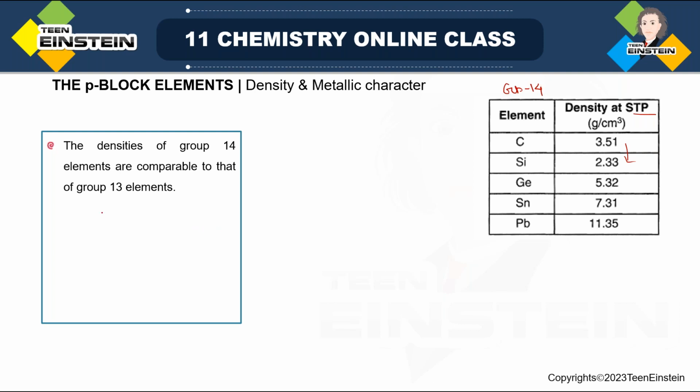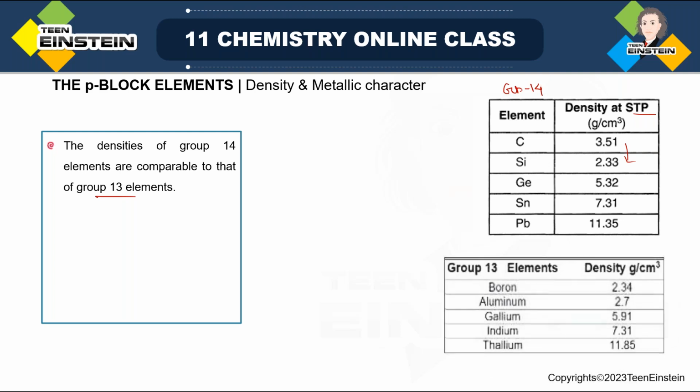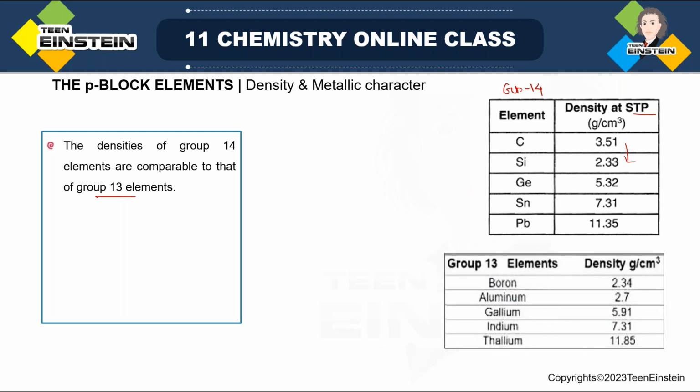If we compare the densities with the previous group, group 13, they are more or less the same. For group 13, again in the same unit, for the last element it is very high, and these two are almost the same. Only for carbon and boron there is some difference, otherwise we can say they are comparable.